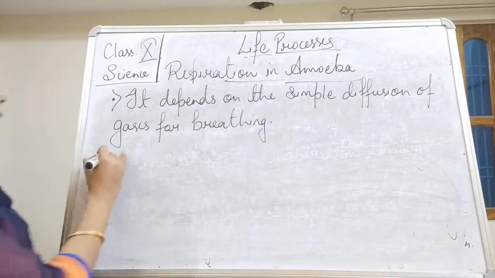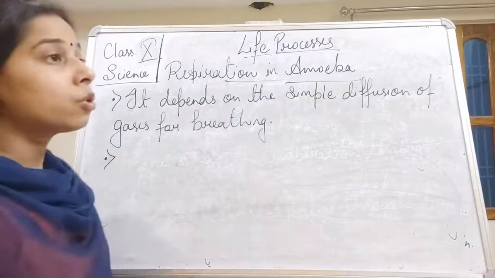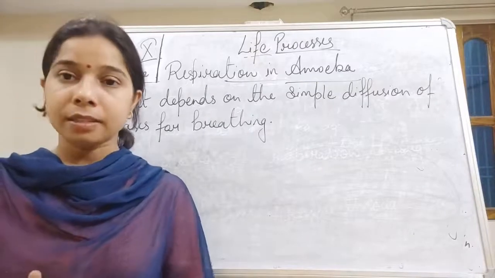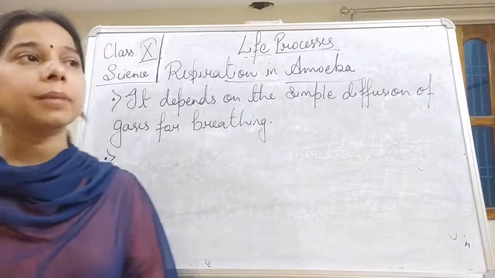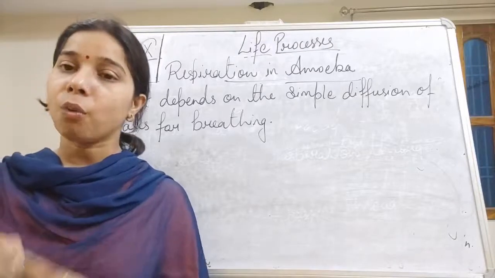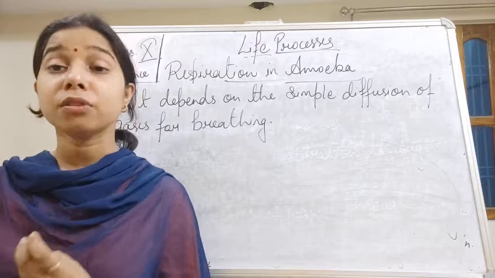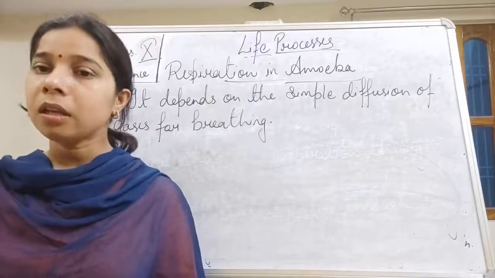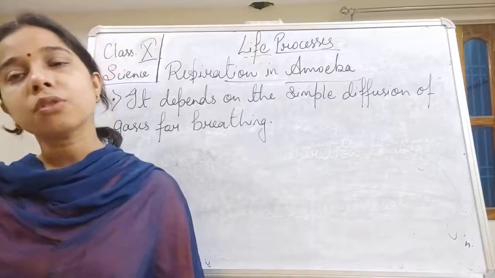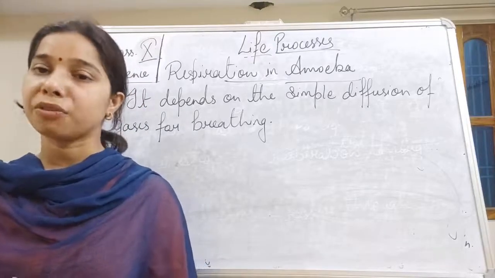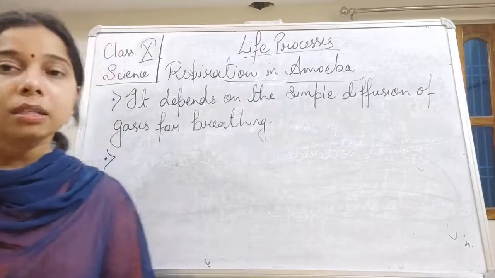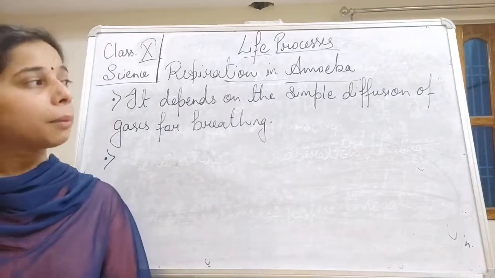So basically, what happens here? Amoeba is a single-celled organism, present mainly in water. So it takes the oxygen which is dissolved in the water. When the oxygen-dissolved water is around the amoeba, through the process of diffusion the oxygen enters the amoeba.